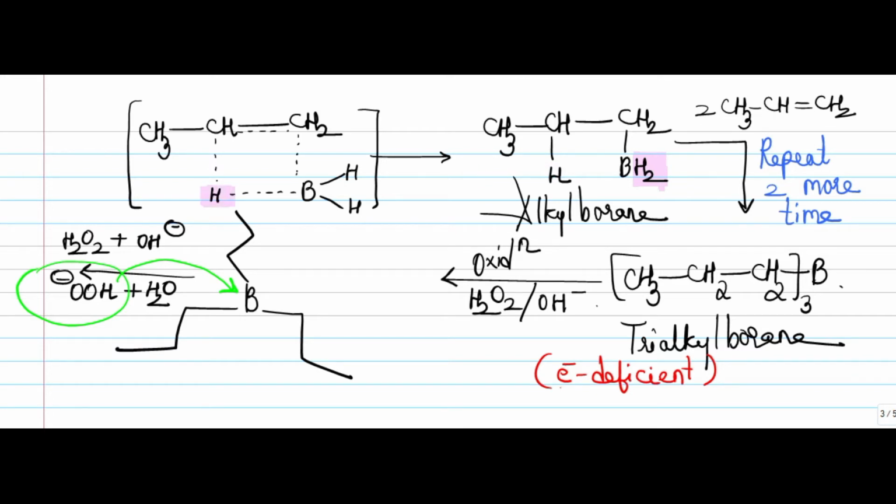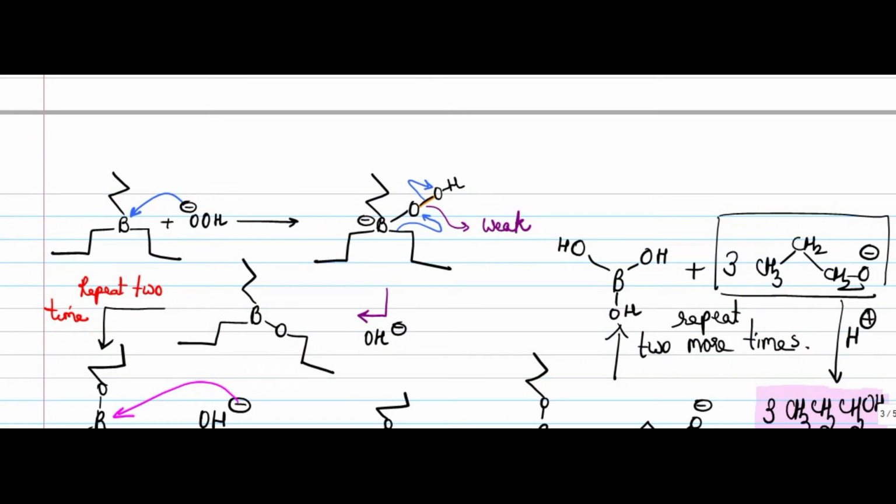So hydrogen gets added here, so it comes out from boron, and the OH that comes onto boron, then that OOH finally, the oxygen now combines with the alkyl chain to form the alkoxy chain. This O actually comes from hydrogen peroxide, and H comes from water.